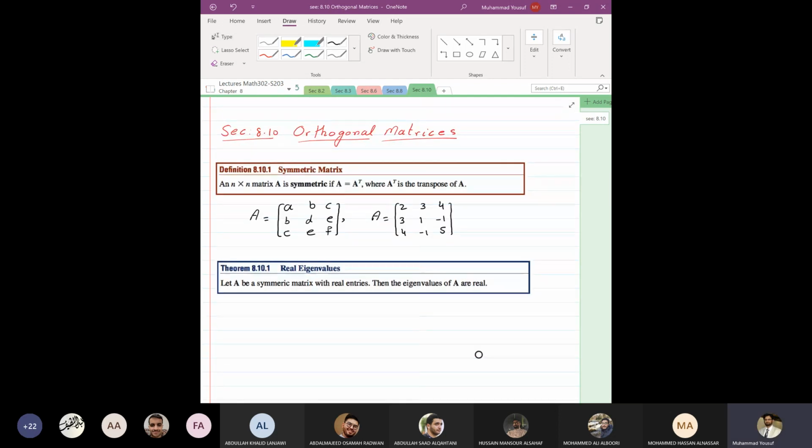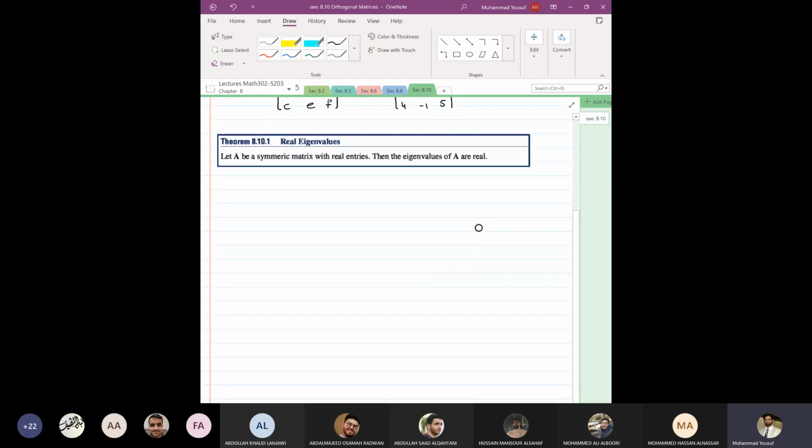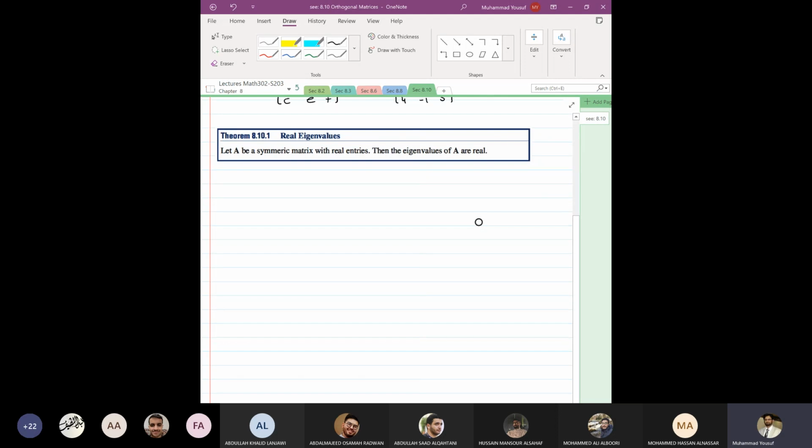So symmetric matrices have the property that they have only real eigenvalues.